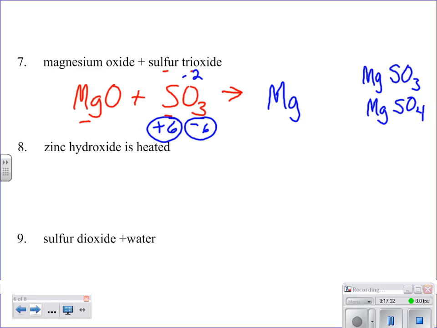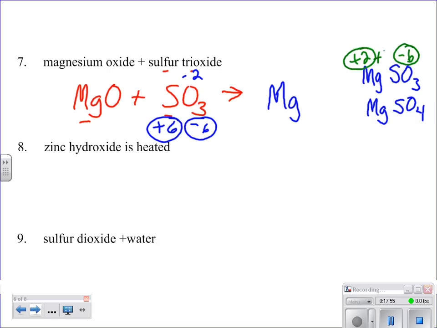So when you go through and look at your charges, here you have a plus 2. You've got a total of minus 6. Okay, these are totals for your oxygen. So what does that mean your sulfur has to be for magnesium sulfite? Plus 4.